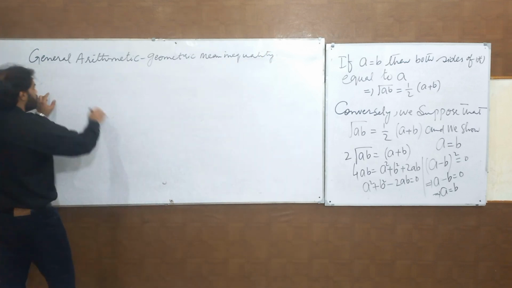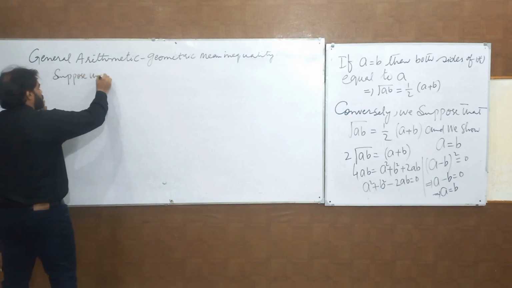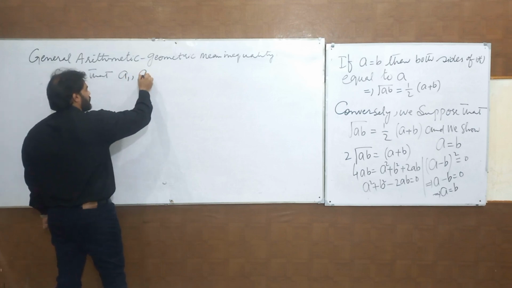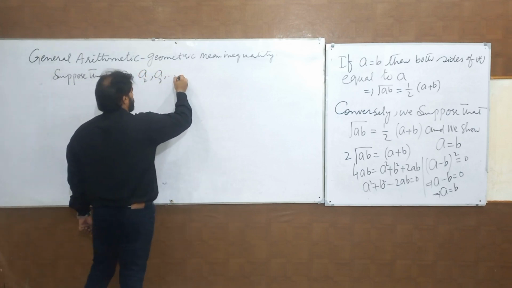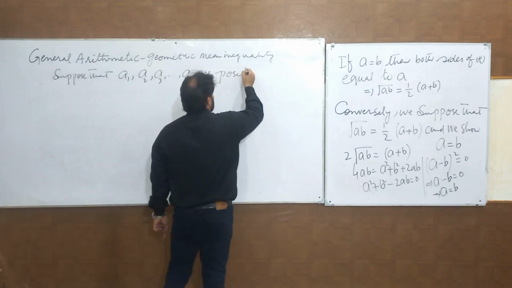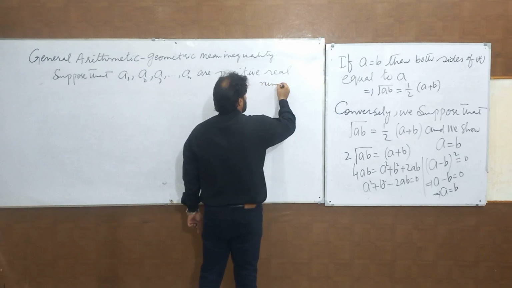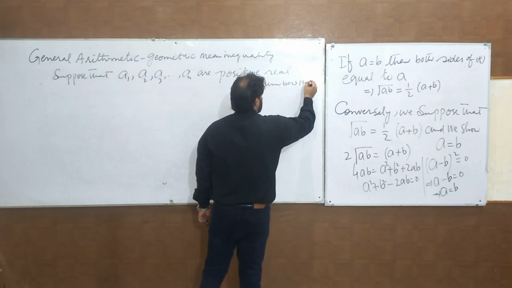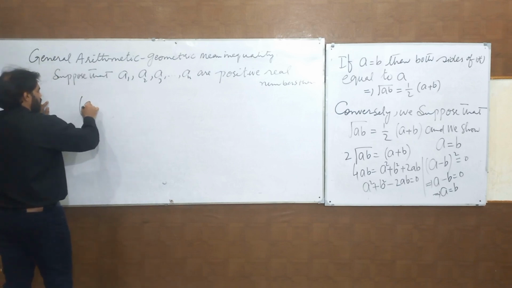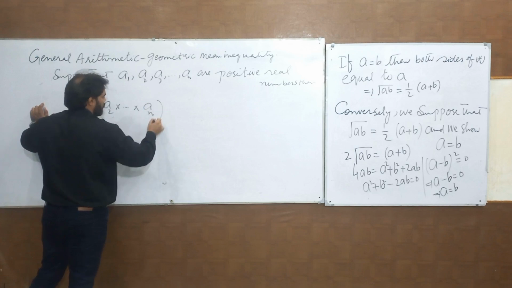Suppose that A1, A2, A3 up to An are positive real numbers, then the geometric mean in this case is the nth root of A1 into A2 into An.